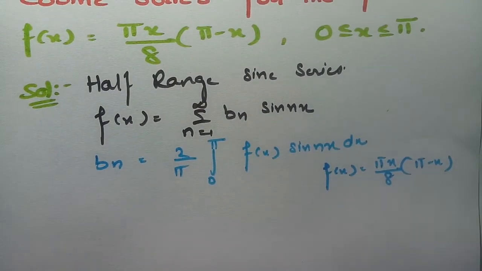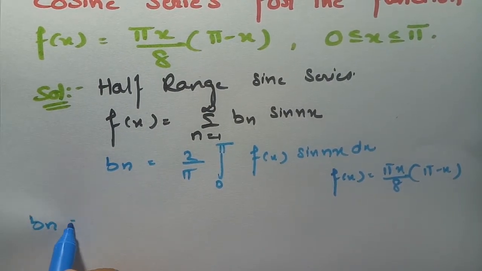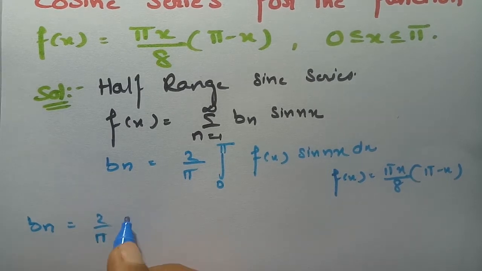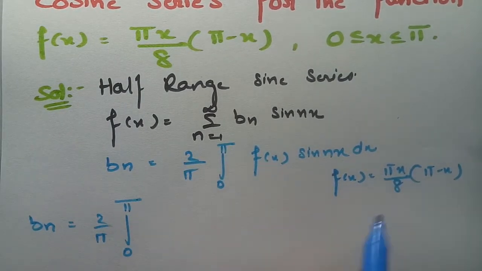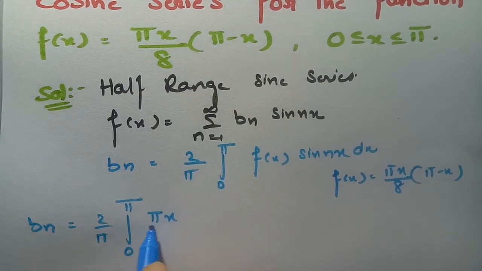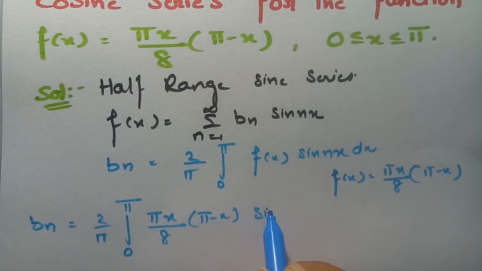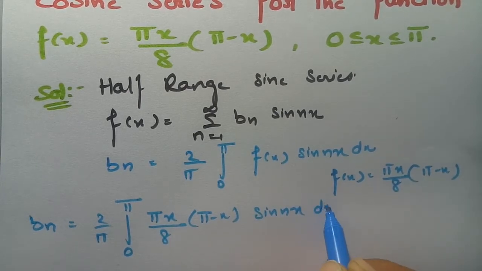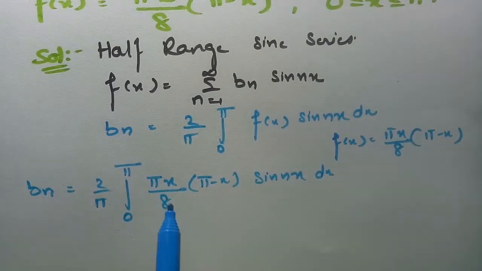So now I am going to substitute. For finding bn, our bn value is 2 by pi times of integral 0 to pi. In place of f of x I am substituting this, that is pi x by 8 times of pi minus x into sine nx into dx. So here pi by 8 is a constant.